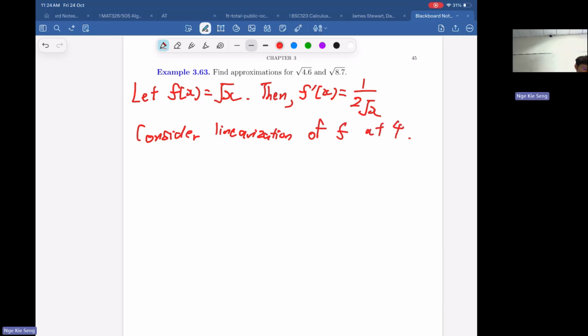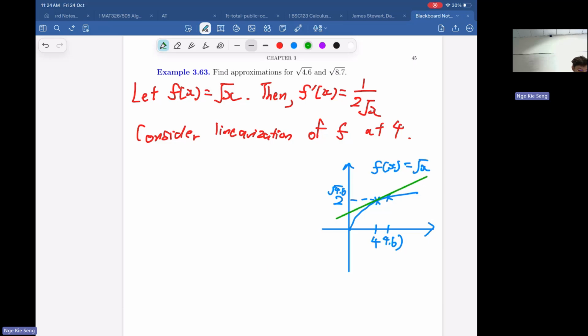So we have square root x here, and we know how to do it at 4. 4 gives me a 2 here, but now I need to evaluate 4.6. So instead I'm going to use the linearization, the tangent line, to find the approximation of square root 4.6.